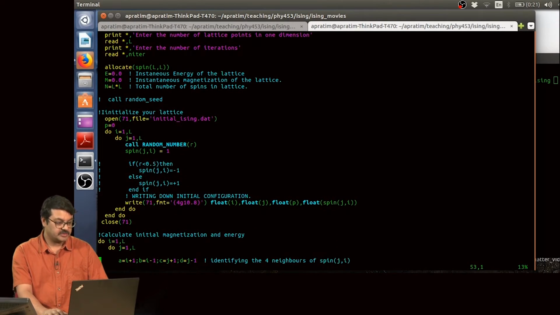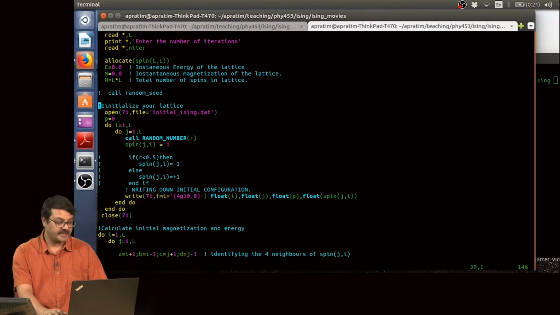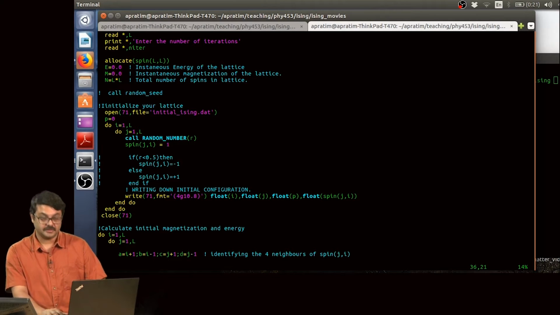I want to bring your attention that here, over the entire lattice, the initial condition of all the spins has been set to 1. So, all spins are pointing up right at the beginning of the simulations.